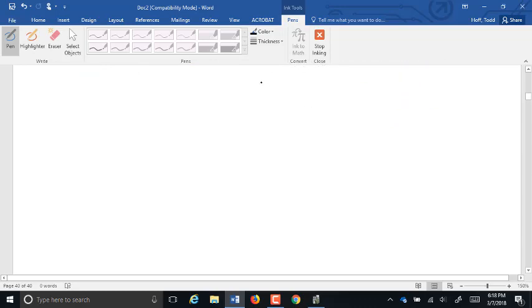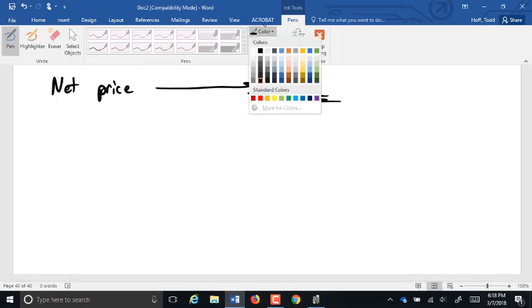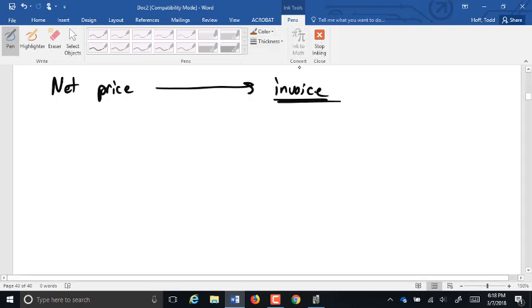So now, that net price is what goes on an invoice. There are going to be several critical things that go on an invoice. One is an invoice date.